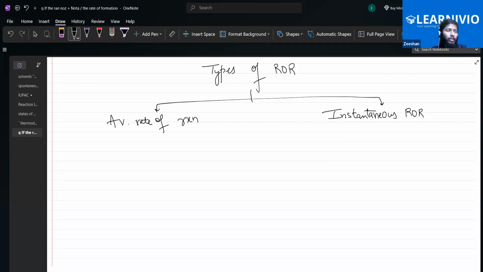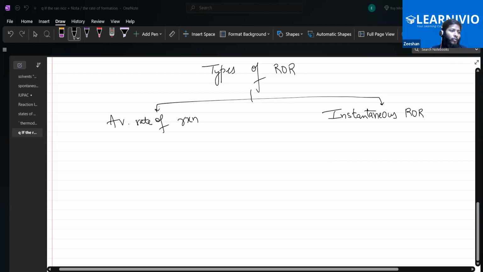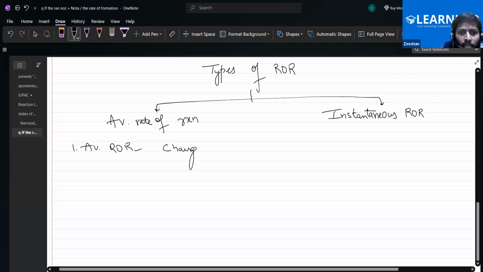Now you have to understand these two things. First we will explain average rate of reaction. What is average rate of reaction?